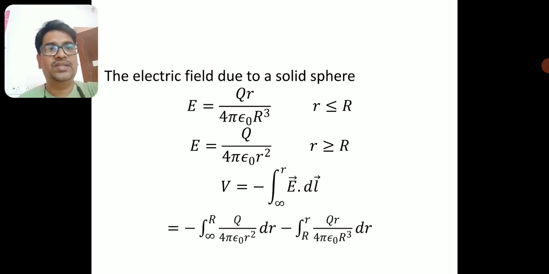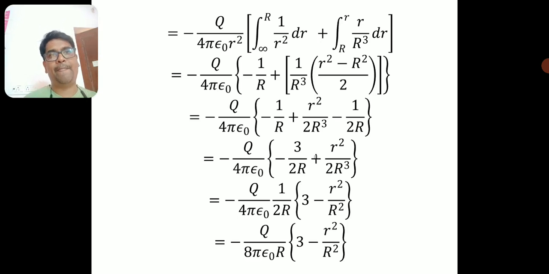Right, I have substituted that. Now I will integrate. The constants I'll take outside. It is minus q by 4 pi epsilon naught, integral from infinity to capital R of 1 by r square dr, plus integral from capital R to r of r divided by R cube dr. So that r square which is written outside the bracket is not there, you please delete it.